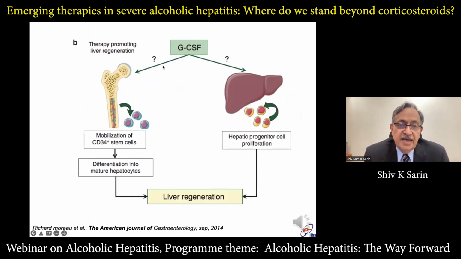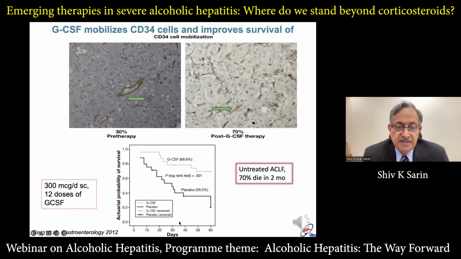Also, as shown here, there is an advantage. Liver progenitor cells come out, bone marrow mobilizes cells, and this can lead to liver regeneration. This study showed normal ACLF 30%, you will have CD34 positive cells, but you give GCSF, this number becomes 70%, leading to a survival benefit.